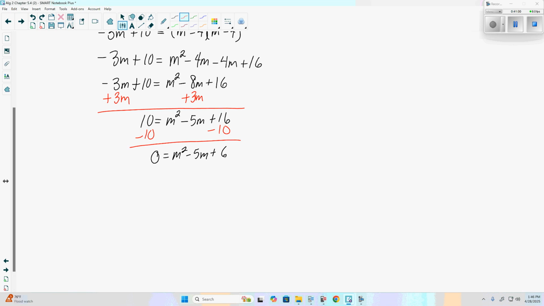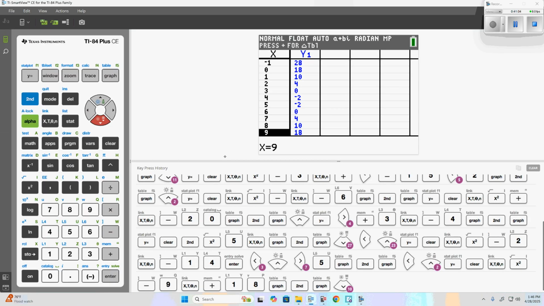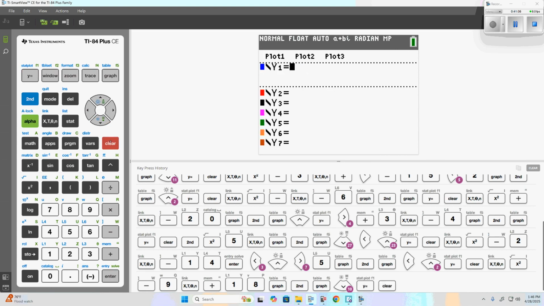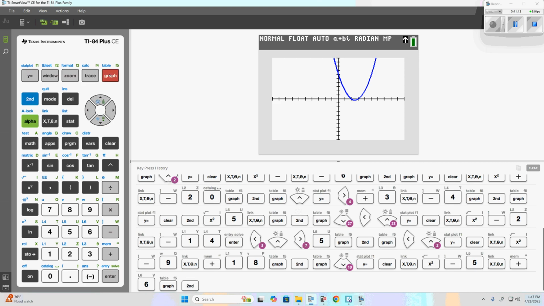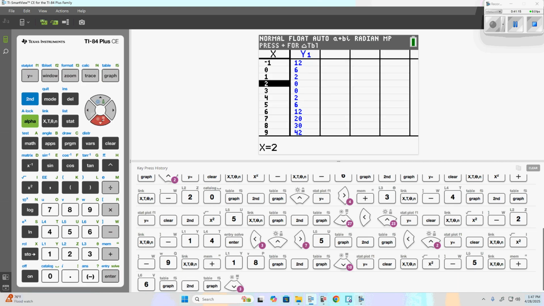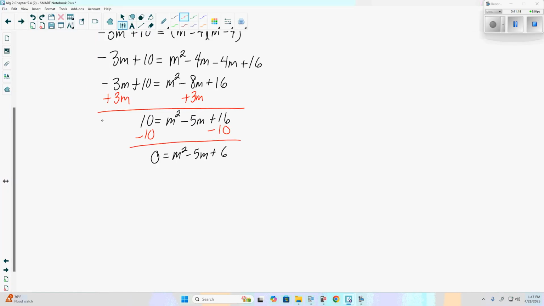Factor or graph it? Graph x squared minus 5x plus 6. We do have two solutions. And those two solutions are 2 and 3.